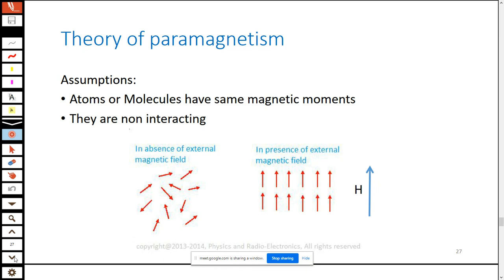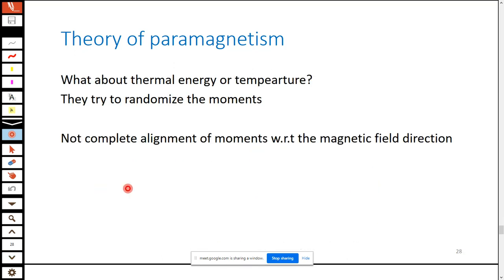But in reality, paramagnets do not have very high magnetic moments. One of the reasons is that we actually neglected the thermal energy or the temperature. Normally, temperature in any system is there to randomize things. It will increase fluctuations and randomness in the system. This is also true for these magnetic moments.